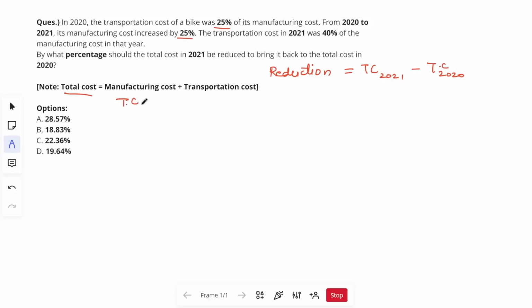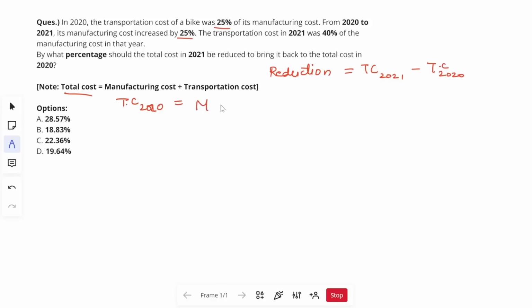So total cost in 2020 will be equal to what? Manufacturing cost in 2020 is not given, so let's suppose it to be M. Because it is given as 25% of manufacturing cost.